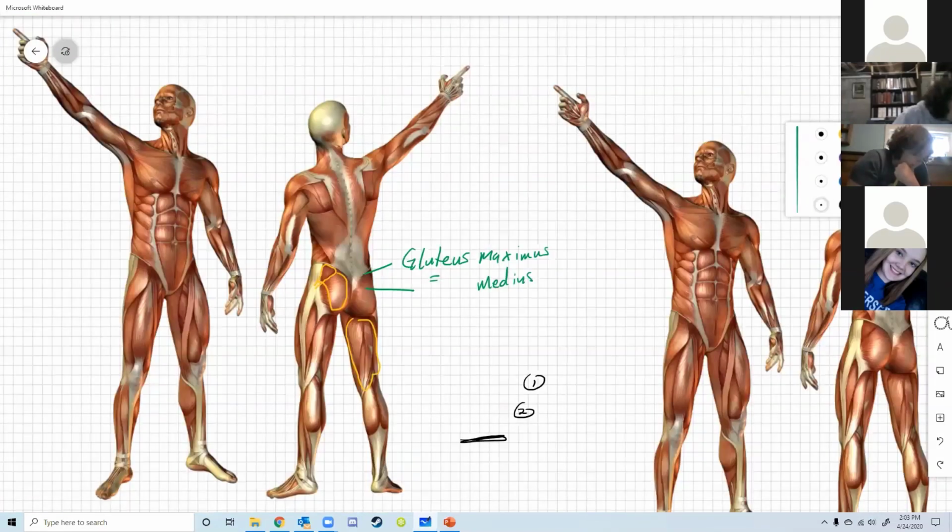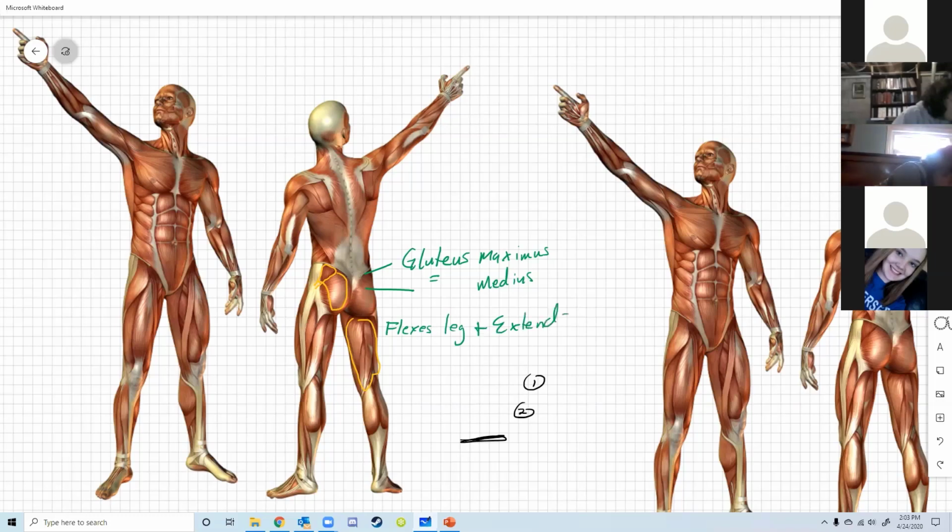I wish I wouldn't zoom out like that. I'm sorry. That's what their job is. They flex the leg and they extend the thigh.